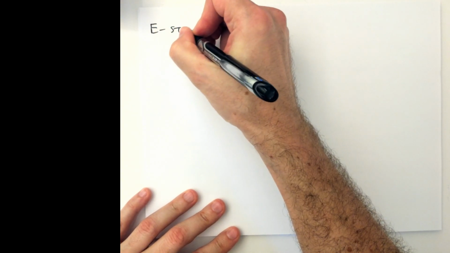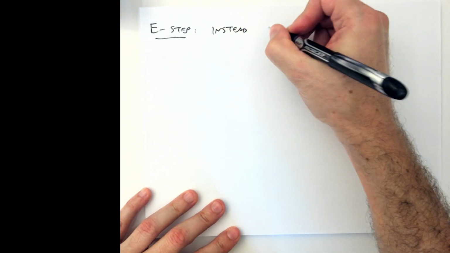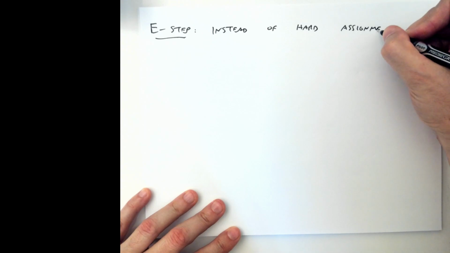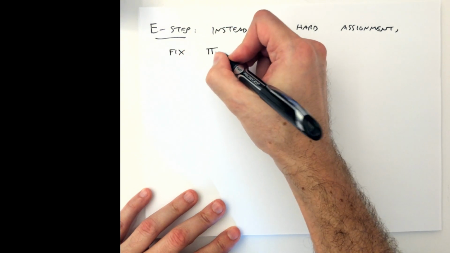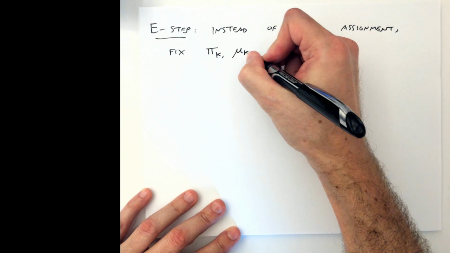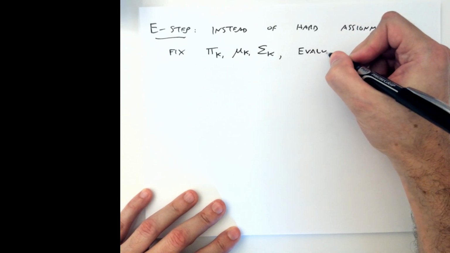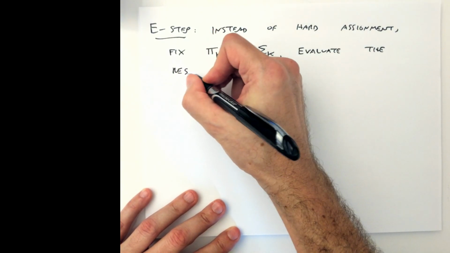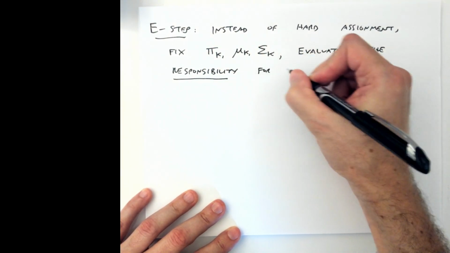So the next step I do is, basically, instead of a hard assignment of points to Gaussians, I fix these things that define the Gaussian mixture model, and I evaluate what's called the responsibility for each data point.